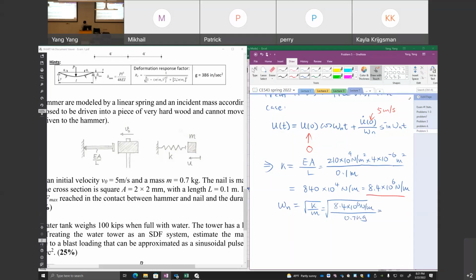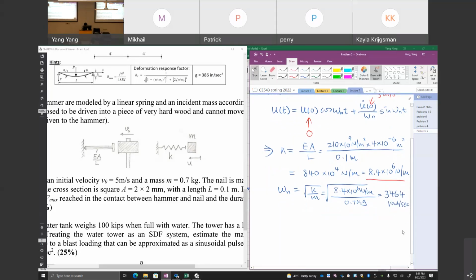It's equal to... this is the natural frequency, so that we should be able to calculate the U(t).